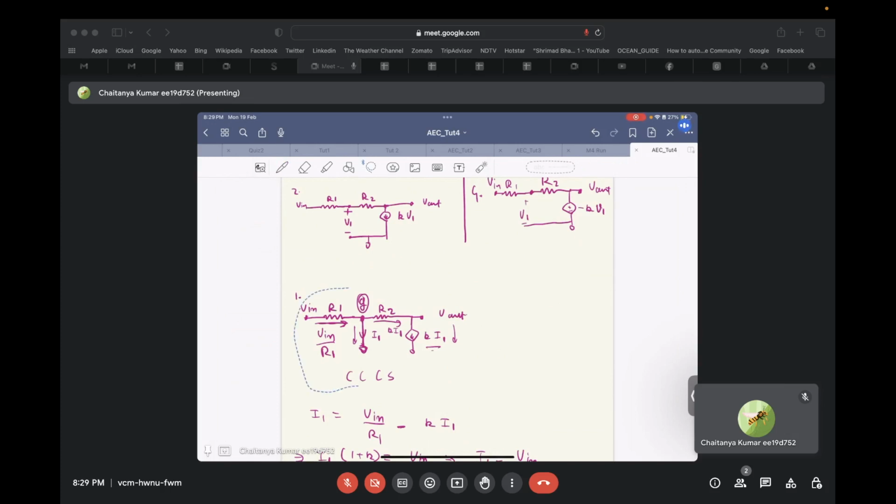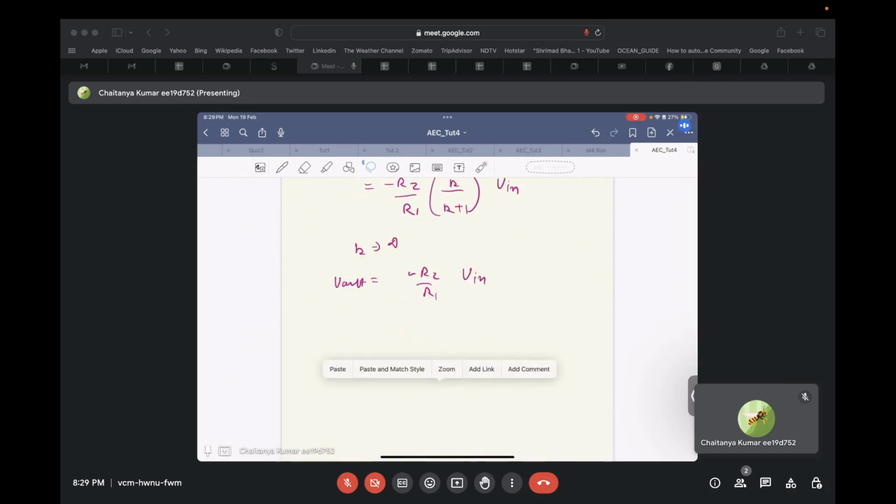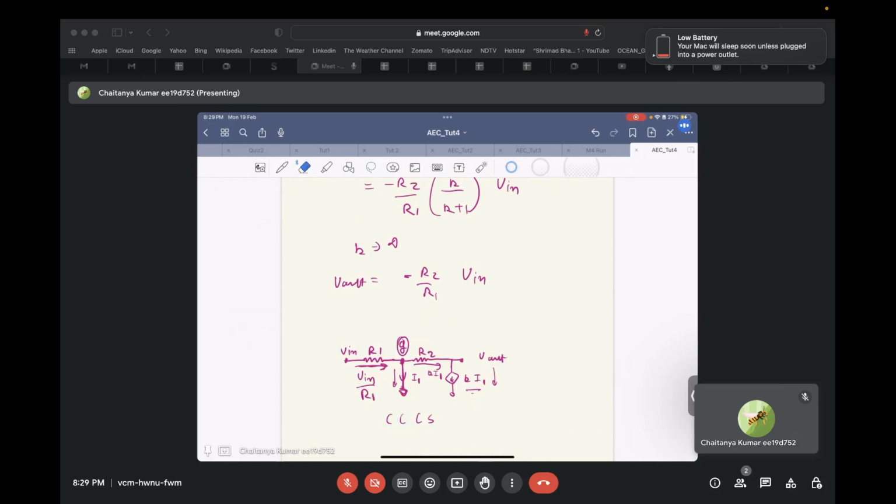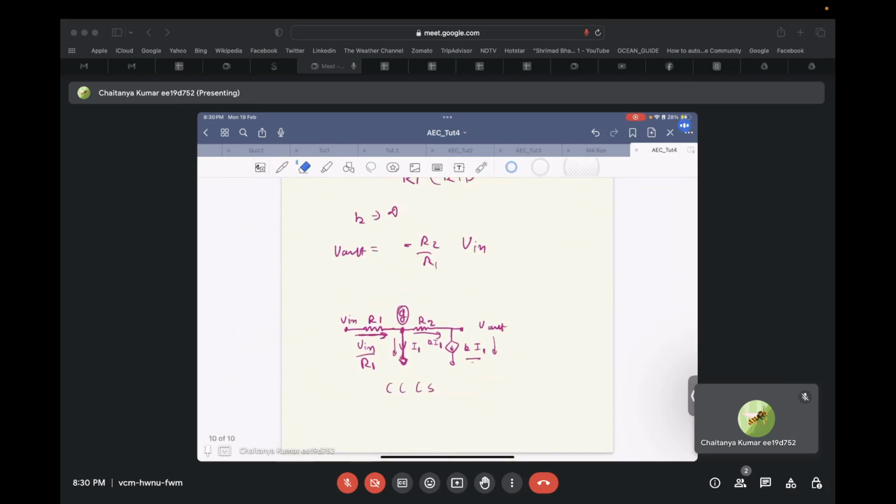First of all, let's see whether this circuit is in negative feedback or not. Let's have a look at the circuit.